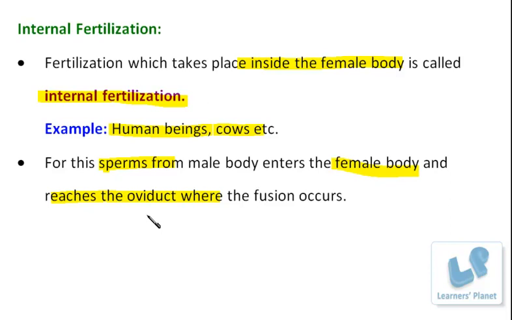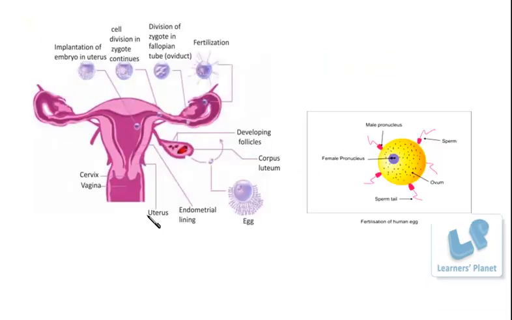Right? So let me show you one picture to clarify this now. See, I told you earlier how this fusion is taking place. Right? If the two cells, that is the ovum and the sperm, meet each other, the process of fertilization will take place in the oviduct. See, this is the ovary, right?